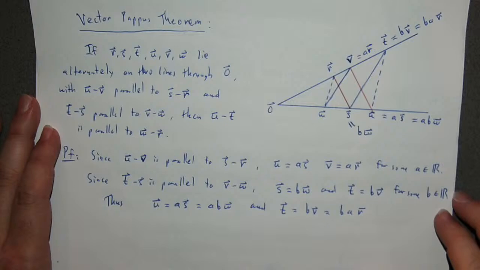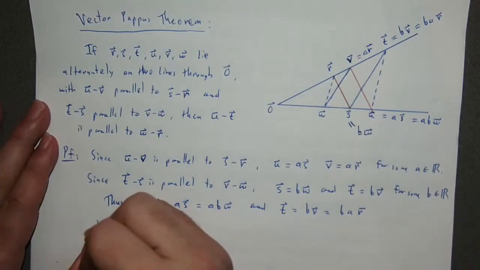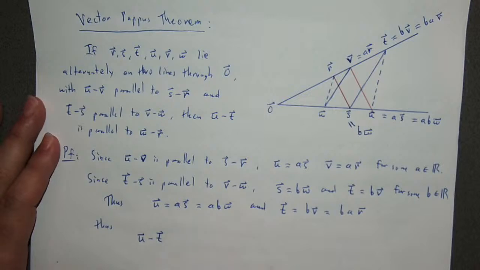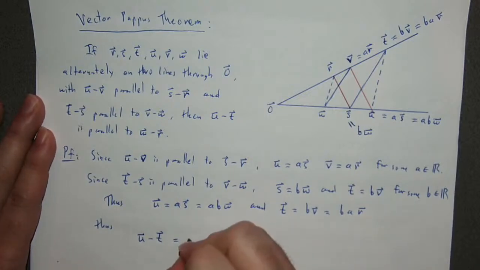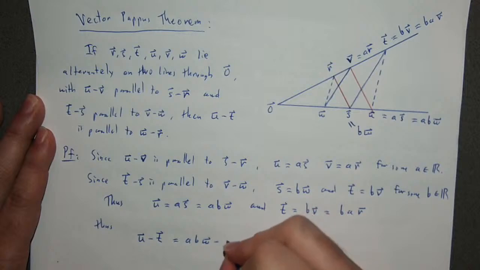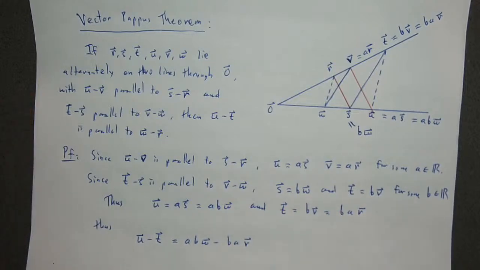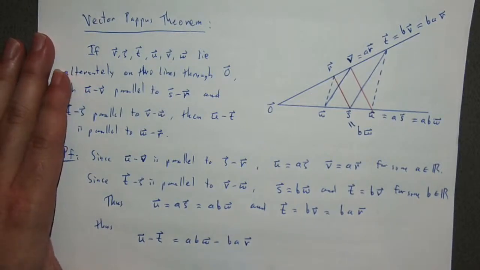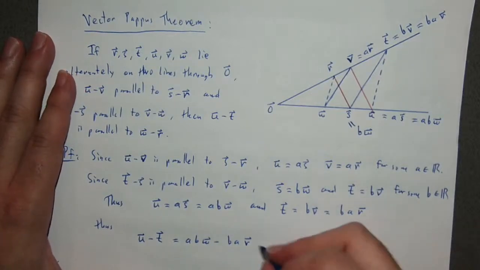Thus, U minus T is ABW minus BAR. But AB and BA are the same for real numbers, right?